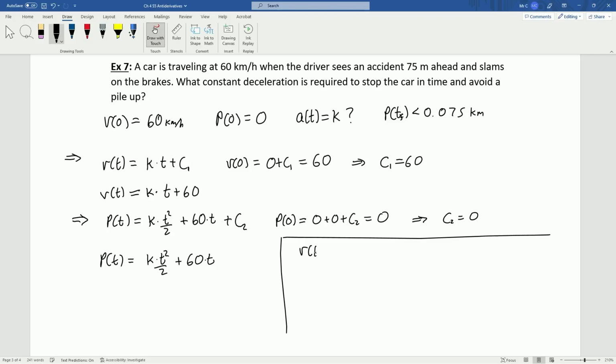That's what we want, so the velocity will be 0. That means we want k times the final time plus 60 to equal 0. Subtract 60, divide by k, and that gives us t sub f equals negative 60 over k.